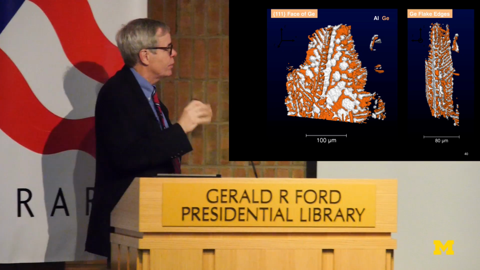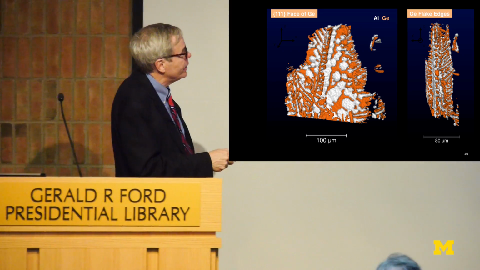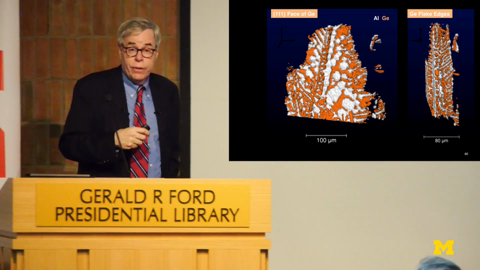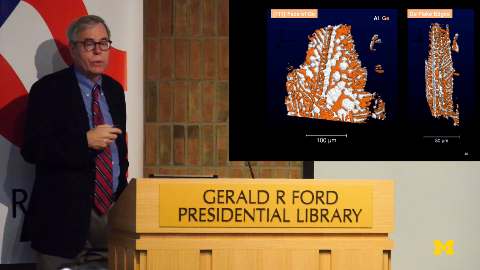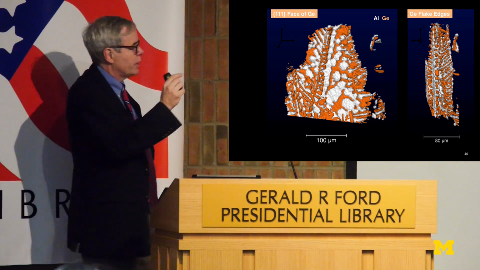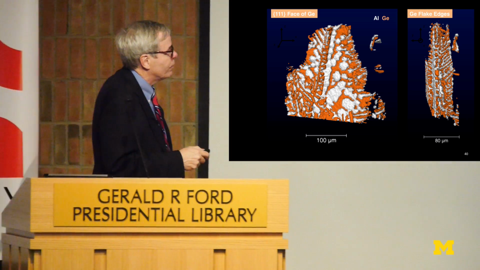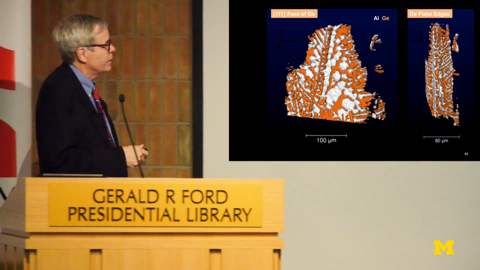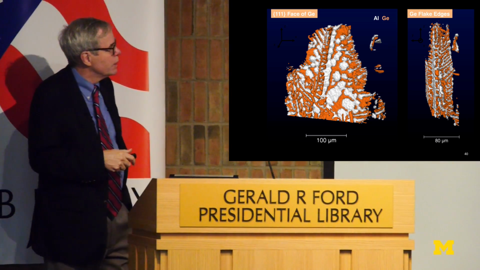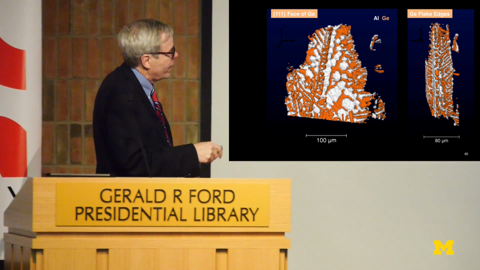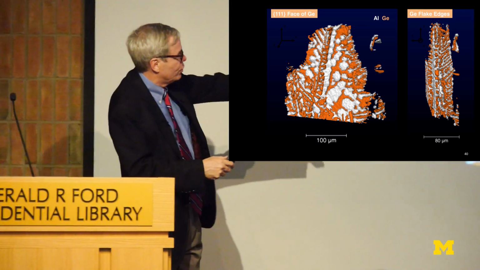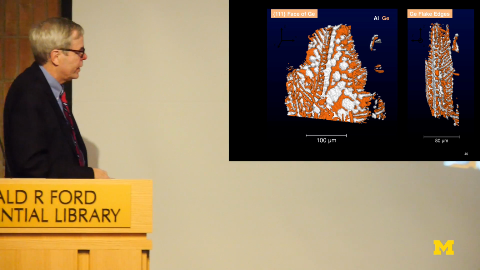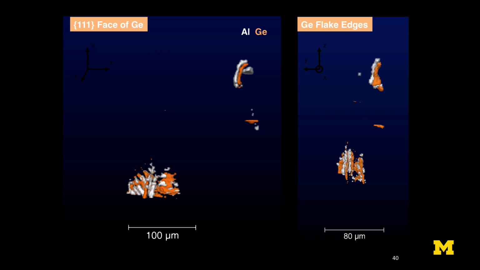The reason why we're using aluminum and germanium and not aluminum silicon is that it's very easy to do the tomography in aluminum germanium. It's very hard to do the tomography in aluminum silicon because the atomic numbers are so close. But for all intents and purposes, they behave essentially the same, aluminum and silicon. So this is the front face, and this is the back face. This is the side. So this is the front, and you turn this 90 degrees, and you can look on the side here.